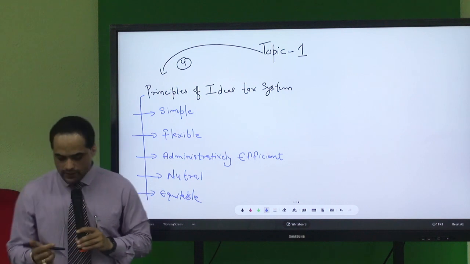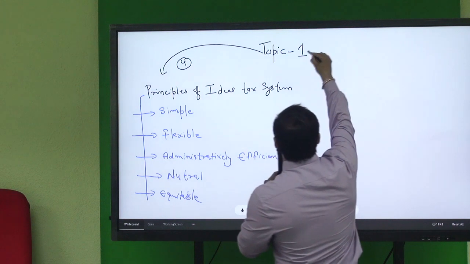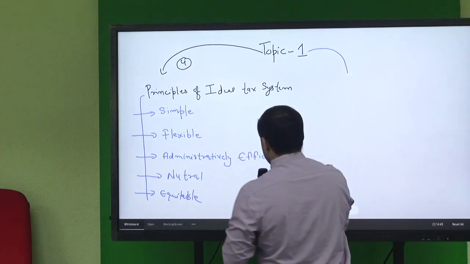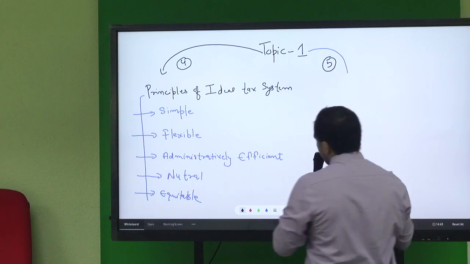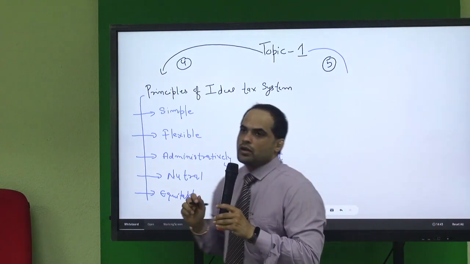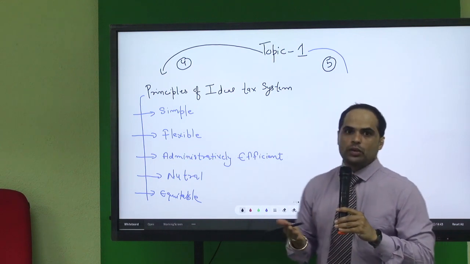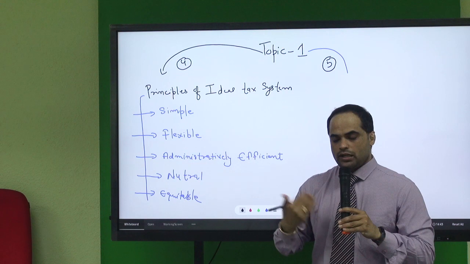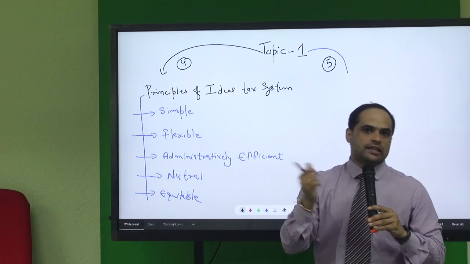Now we move on to the next learning outcome, number 5, which is the administration system, or how we administer and implement our tax collection. What is the process or procedure to collect the tax within a country?